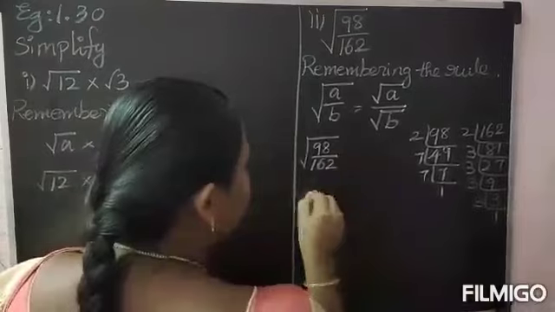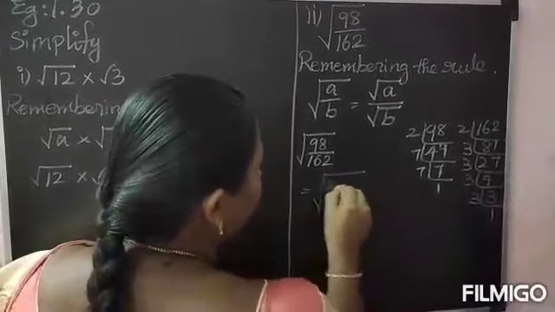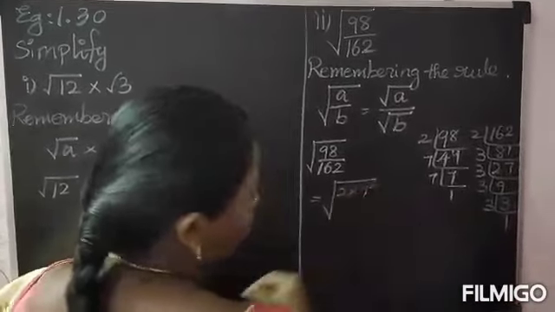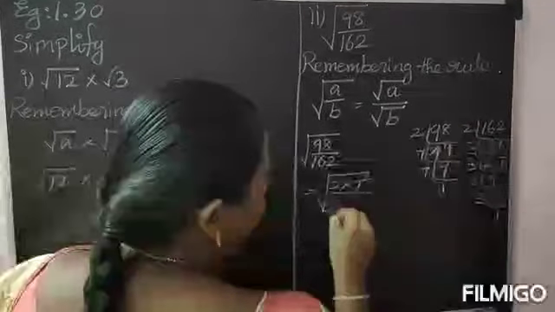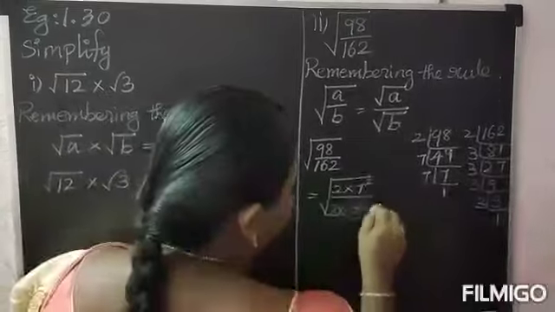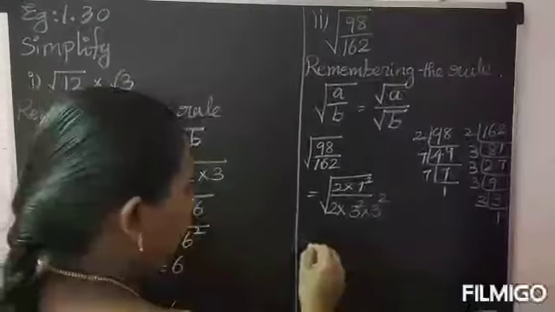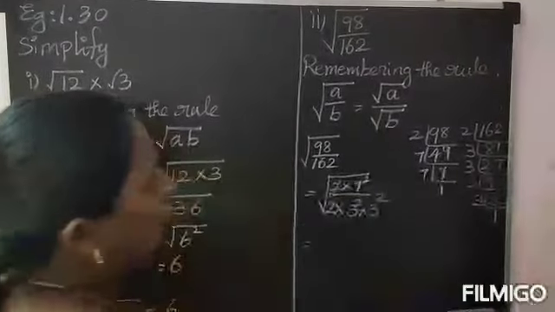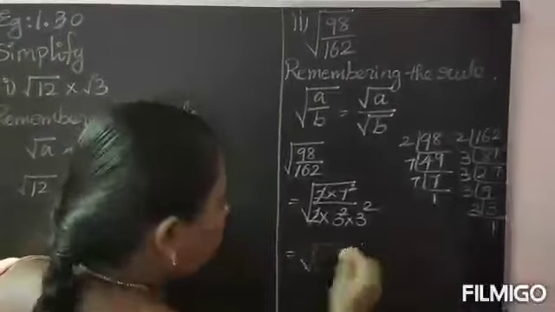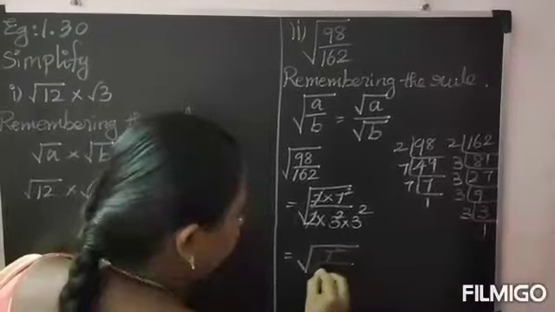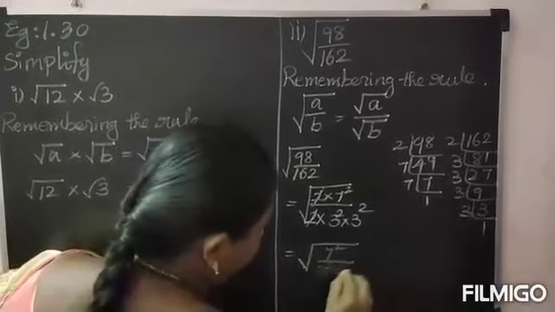So you can write this as square root of 2 into 7 square, isn't it? 7 is repeated 2 times. Next, 2 into 3 square into 3 square. So now here 2 and 2 will get cancelled, isn't it? Square root of 7 square divided by 3 square into 3 square.